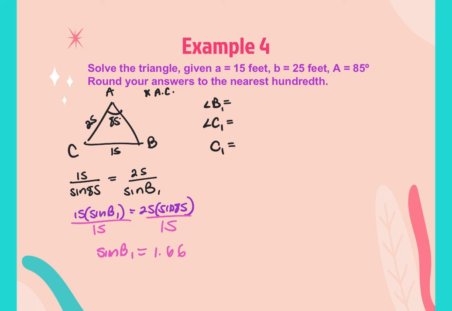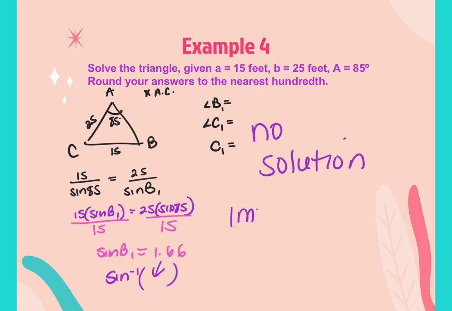If you catch it, hopefully you do, you remember that sine cannot be bigger than 1, so this is no solution. If you don't catch it, then the next step is sine inverse of 1.66, and your calculator is going to tell you it's no solution. It actually says error domain. So this is a no solution triangle.